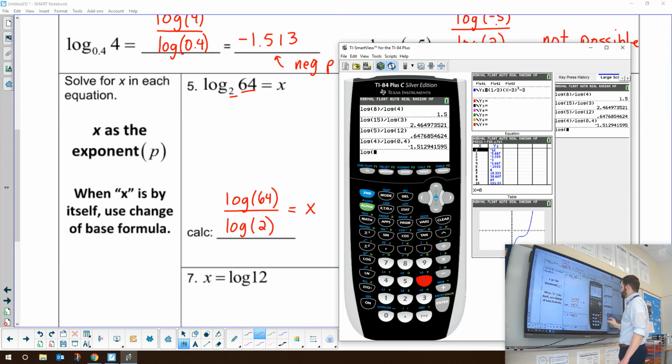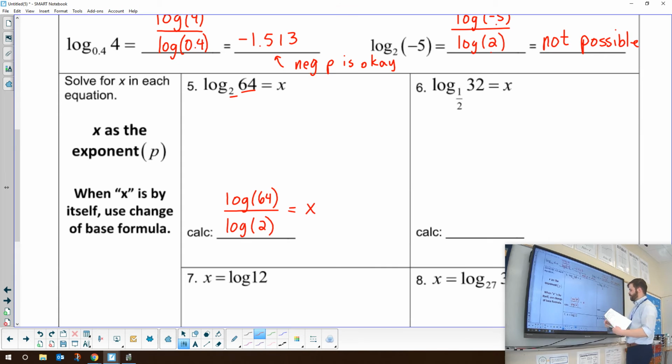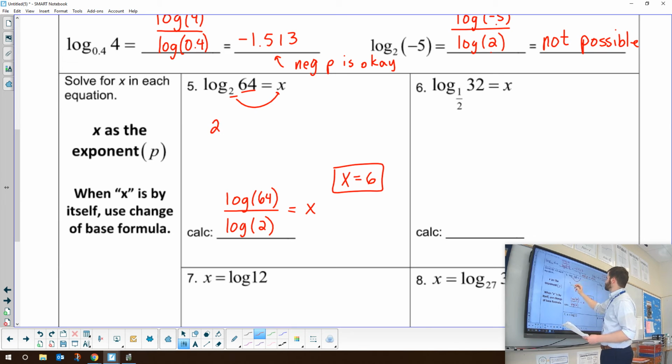Okay, anyways, we plug that into the calculator: log of 64 divided by log of 2. You've seen it before, we've done it before. That equals 6, and we got our answer of x equals 6. We could also think about this: remember that's 2 to the x equals 64, and you can see 2 to the 6th power does actually equal 64. That one actually works out.